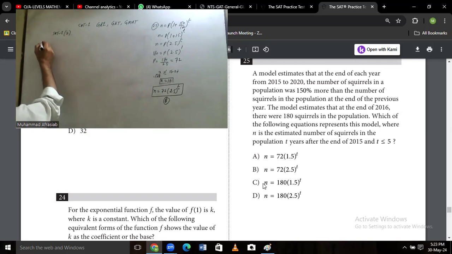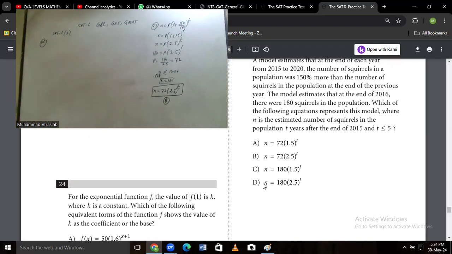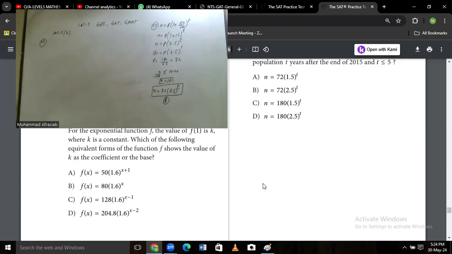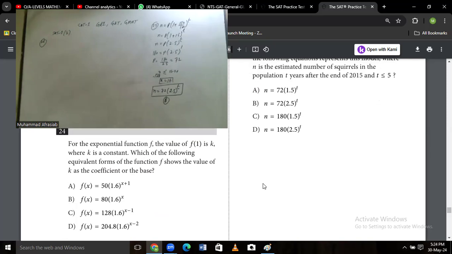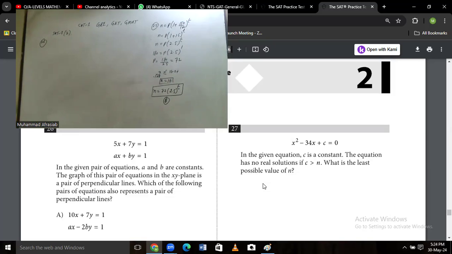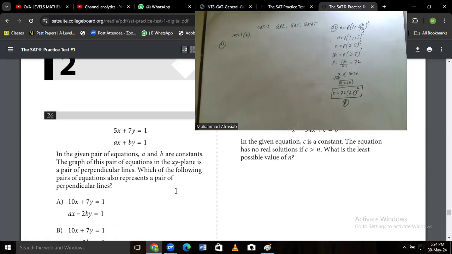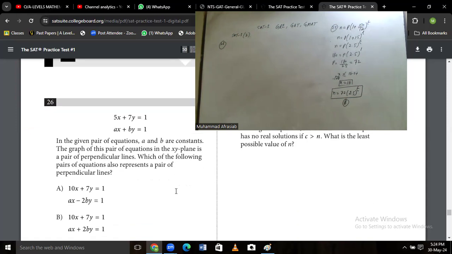Now we are solving question number 26 of this. 5x plus 7y is equal to 1, and ax plus by is equal to 1.